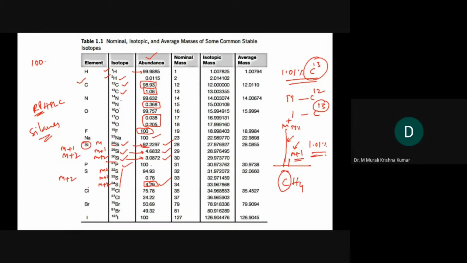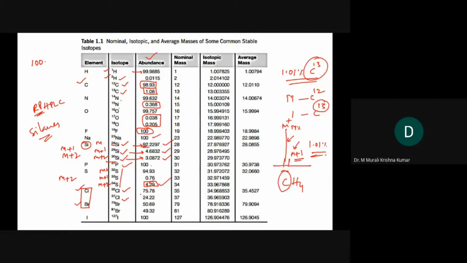And the next, very, very important entities we have over here are, in case of halogens, chlorine and bromine. In case of chlorine, we have two isotopes, chlorine 35 and 37. So this is a very, very important observation.